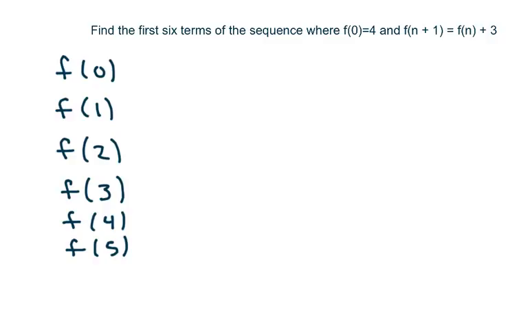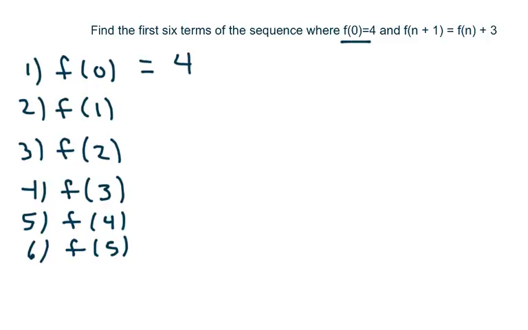Oh, just f of 5. This would be 6 terms: 1, 2, 3, 4, 5, 6. So there's your 6 terms. We already know that f of 0 equals 4 because they gave that to you right here. Now we're going to use this formula to find the others.